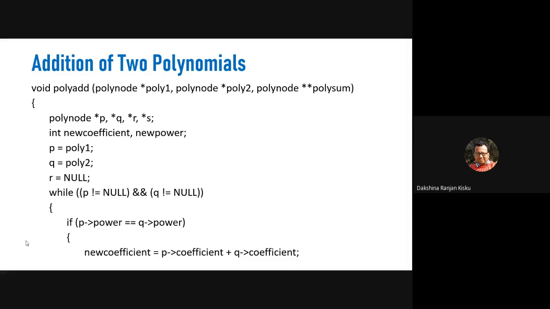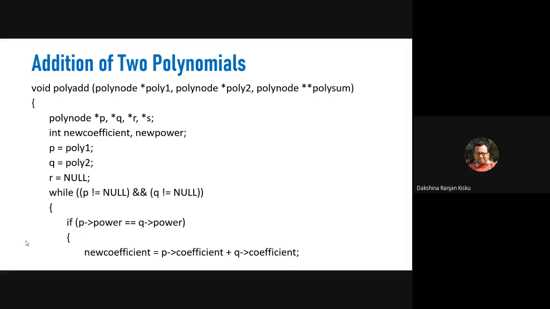That means if both p and q are not null, then we can compare the exponent part of the first term of the first polynomial and the first term of the second polynomial. That can be represented by p power and q power.